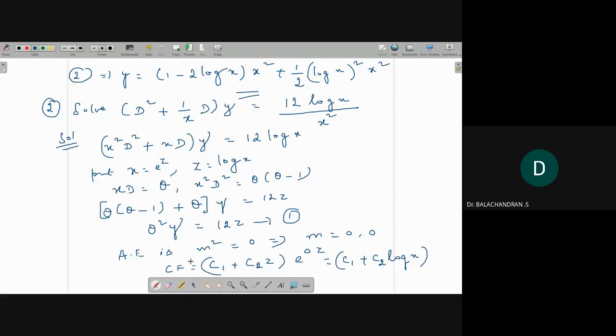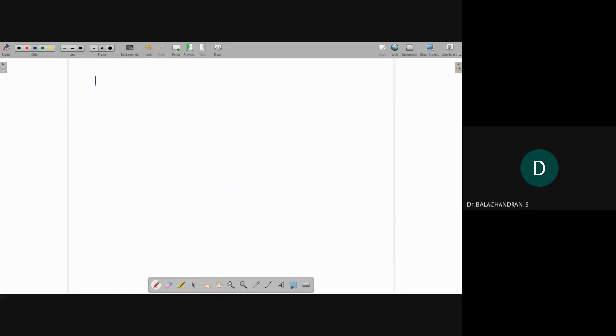Now PI equal to 1 by theta square into 12z. So you should integrate first. So I'll take 12 here, 1 by theta. If you integrate first time, we'll get z square by 2. So it is equal to 6 into 1 by theta of z square.